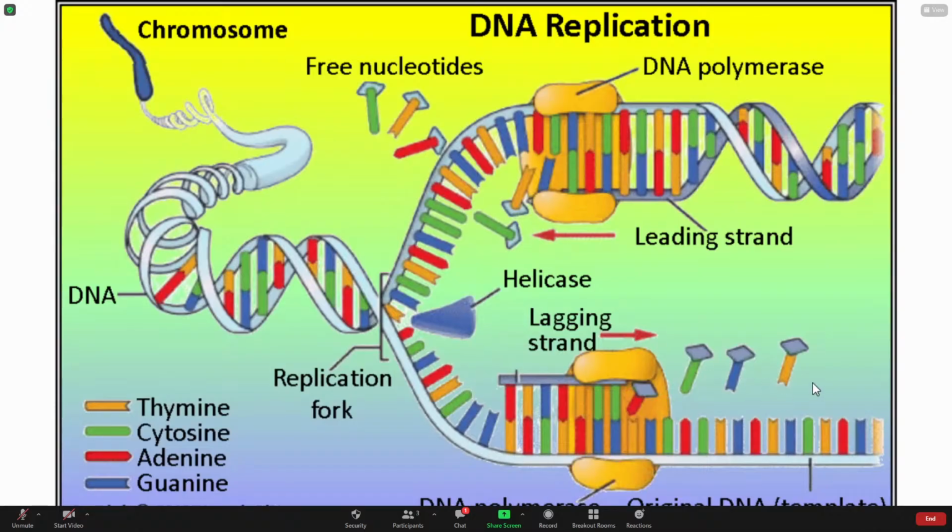Because this bottom strand is 3' down this end to 5' down this end, DNA polymerase can't move along in the 3' to 5' direction. So what it does is it jumps over a few nucleotides and sits down here at the top of our DNA strand, and it moves backwards in little chunks. We call those chunks Okazaki fragments.